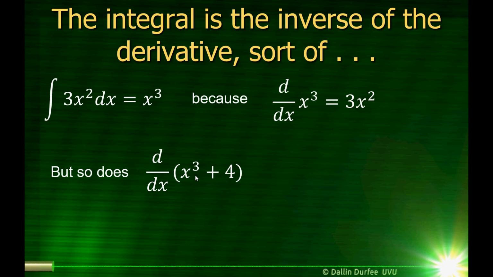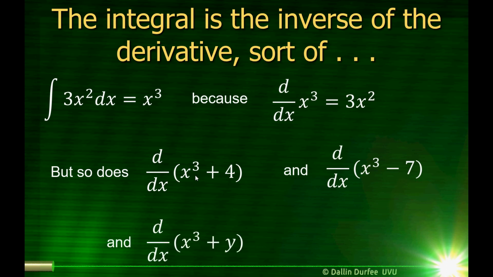the derivative of x cubed plus 4 also equals 3x squared. And so does the derivative of x cubed minus 7, and x cubed plus y, and x cubed plus 4 pi. Because remember, when we take derivatives, the derivative of a constant is 0.